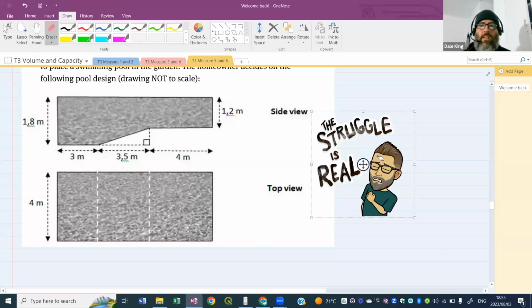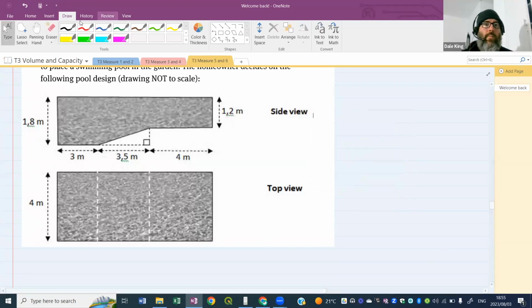All right, let me delete this diagram because I think people out there can actually do this.